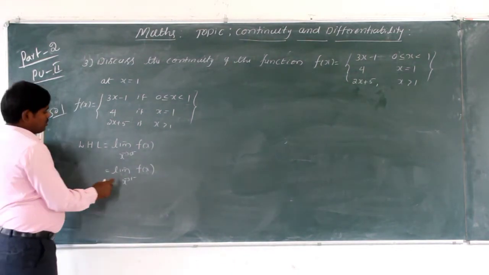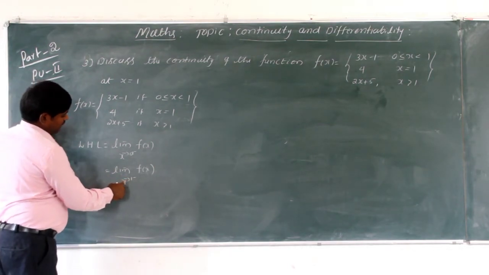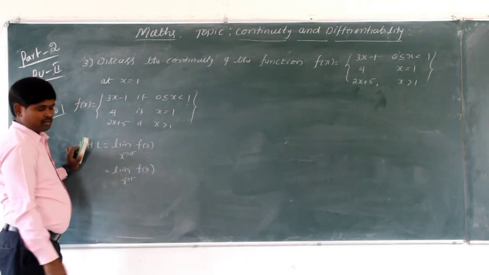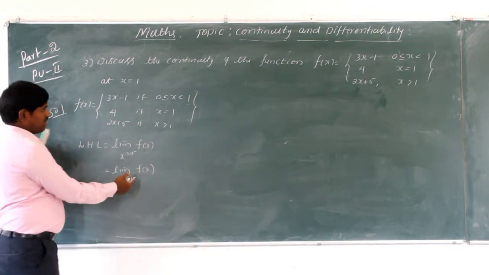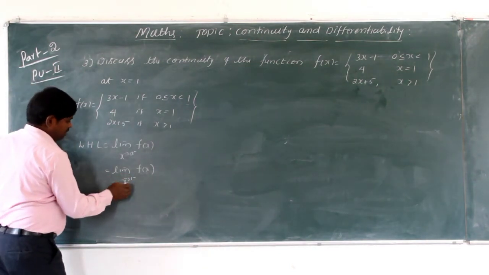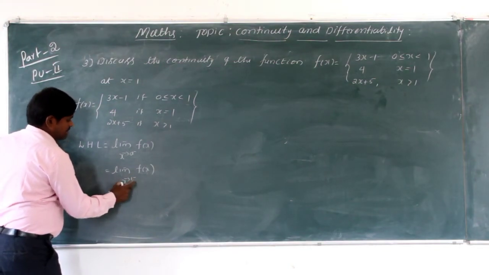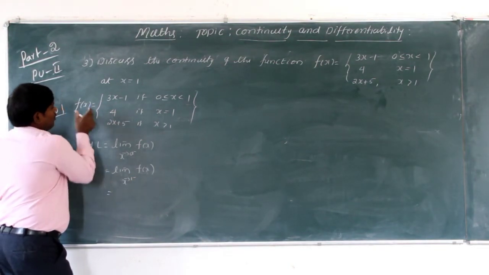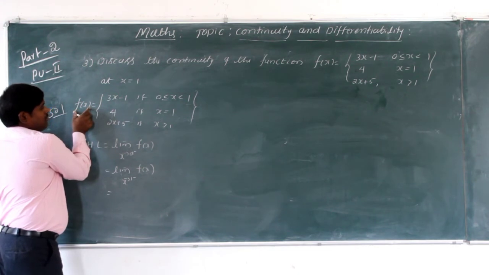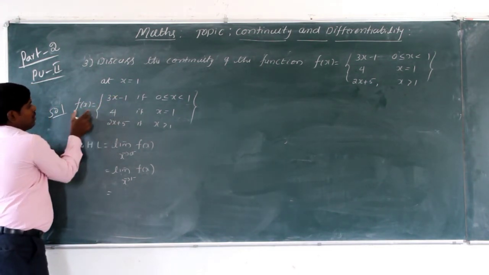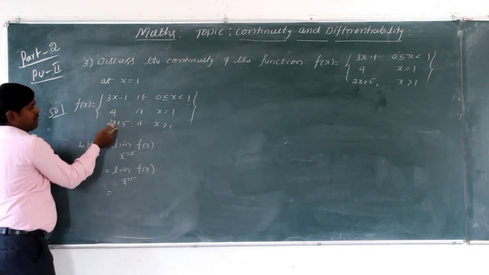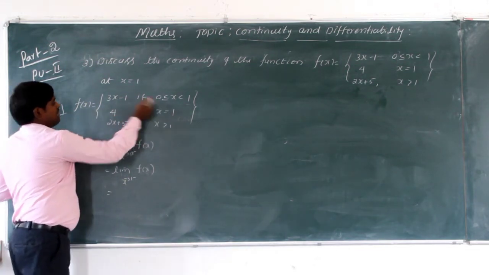What happens if we take the value of x less than 1? 1 minus means the value of x is less than 1. Then what about f of x? Is f of x equal to 3x minus 1, or 4, or 2x plus 5? No, 4 is only for x is equal to 1.